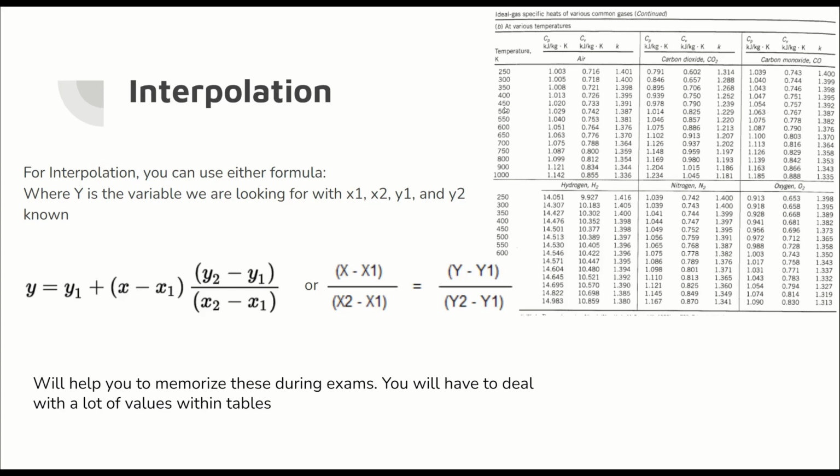So for example, if I have a gas that's at 475, and you want the Cp value, then you're going to have to interpolate using the values of 450 and 500 Celsius. Also, I recommend memorizing this formula directly. Even though this one makes the most sense, you can just memorize this one to derive the value quickly.